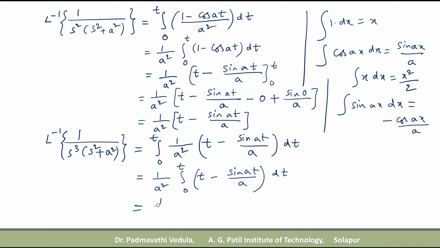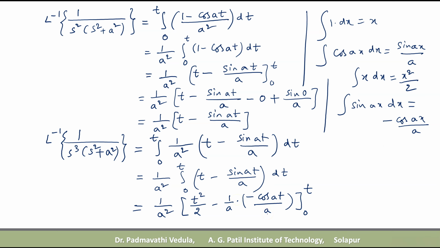So we get 1 by a square, here t square by 2 minus 1 by a into minus cos at by a, under the limits 0 to t. Here a is constant, so first we have written 1 by a as it is, then we have integrated sin at using this formula, minus cos at by a.